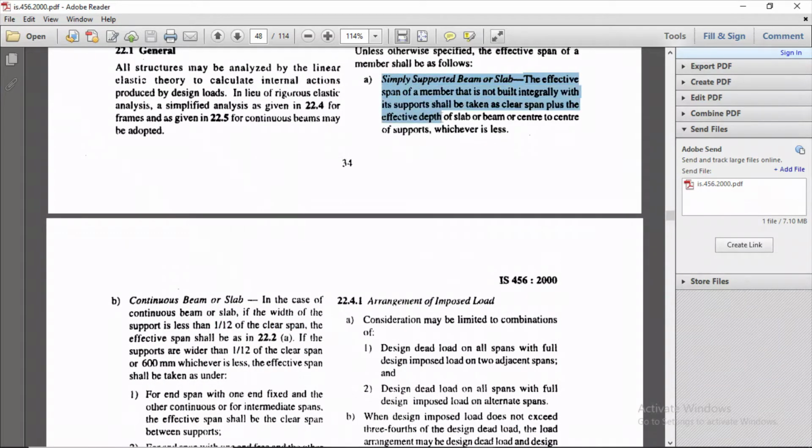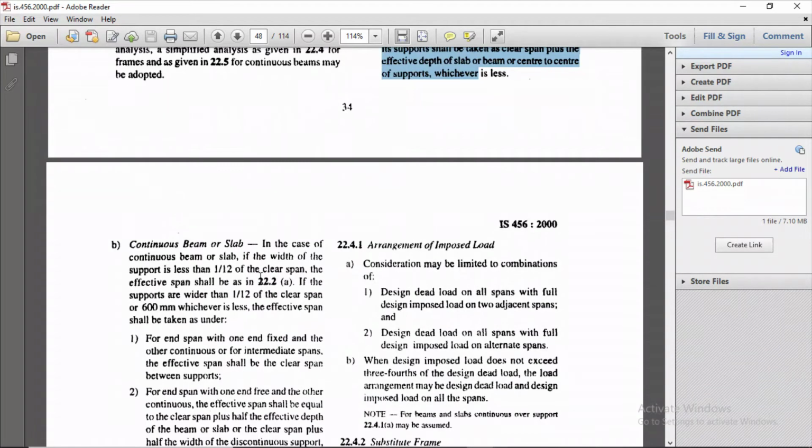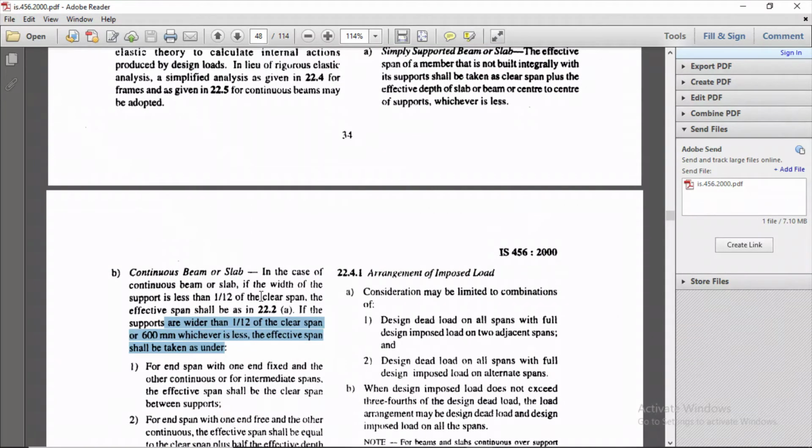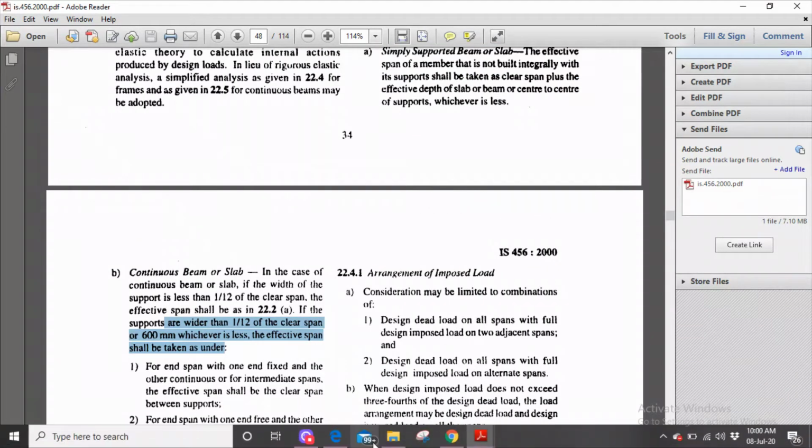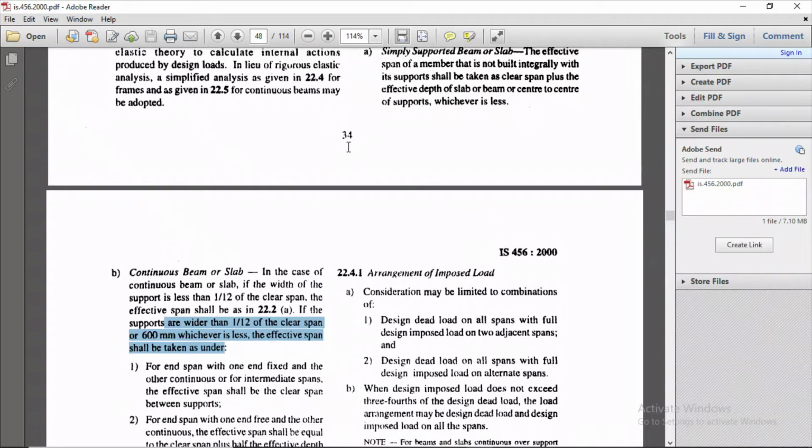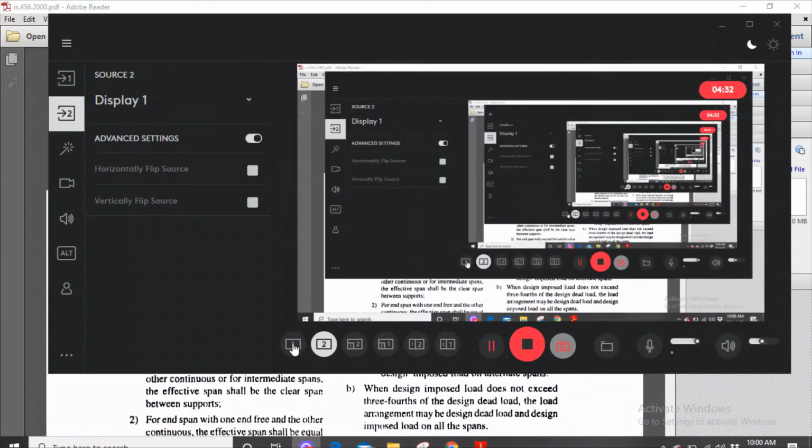And if the width of support is more than the ratio, then there is a separate clause for this, right? So first we need to calculate the ratio of 1/12 multiplied by clear span. So this is as per IS 456-2000, page number 34. So let's calculate the ratio. Let's go back to board.